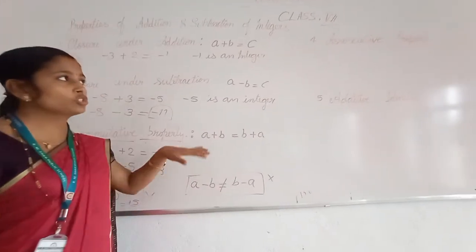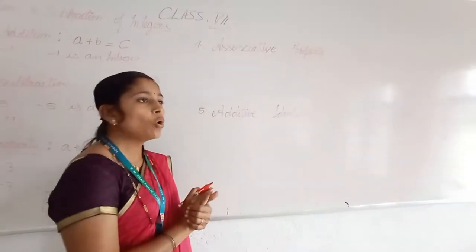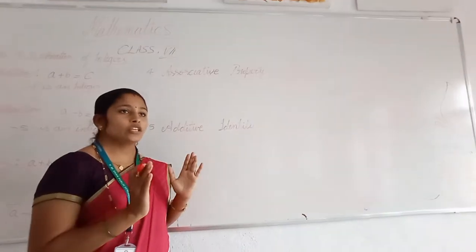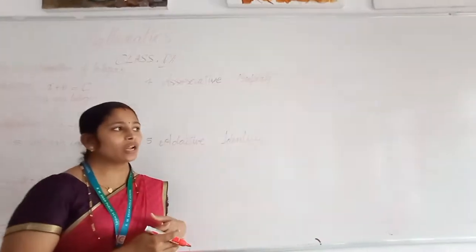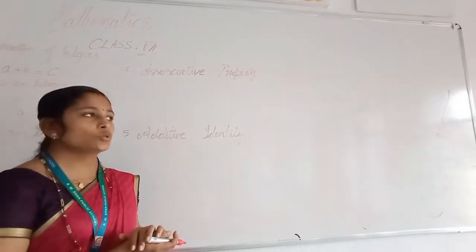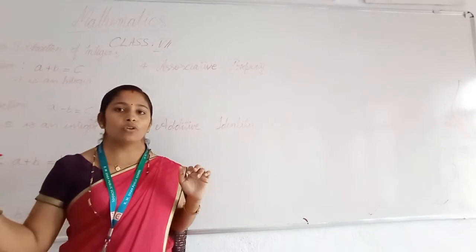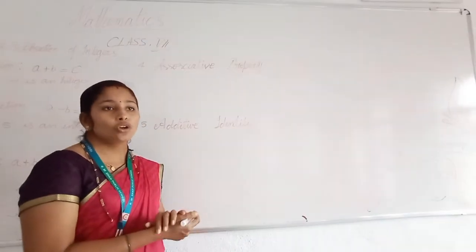Now let us switch to the next property, that is the associative property. Hope you know that there are groups. An association, from one institution, has its own members. In the same way, associative property means that here we do not change the order, but we change the group, the pair.